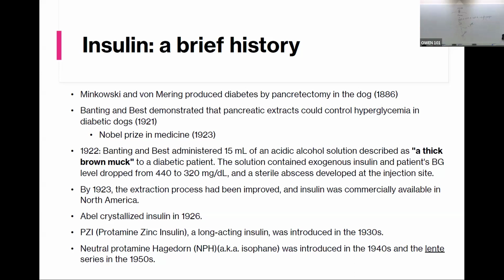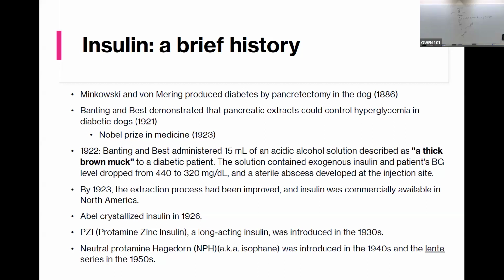During that time, protamine zinc insulin was developed. A man named Hagedorn realized that if you give insulin to people, it peaks around 6 hours and stays around 12 hours.